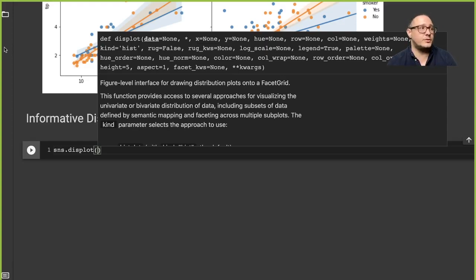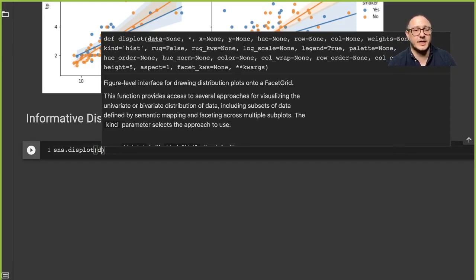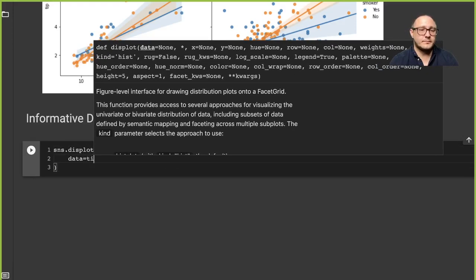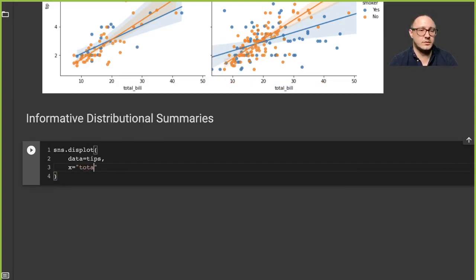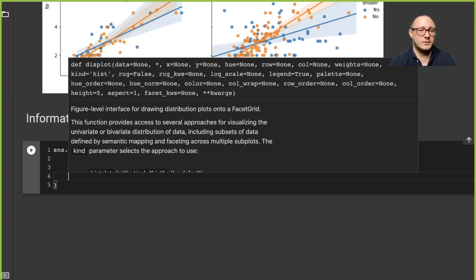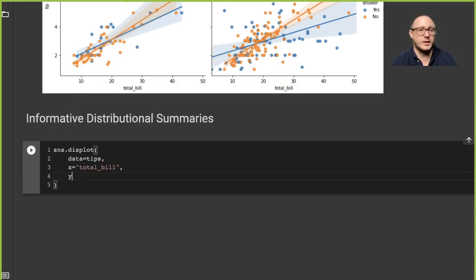So let's do the tips data again. X is equal to total bill. Now notice here, I have a tendency to do X and Y's. Since we're doing distributions, we only need one. We only have an X axis here. But I also want to do a split for the column, so a facet on time.